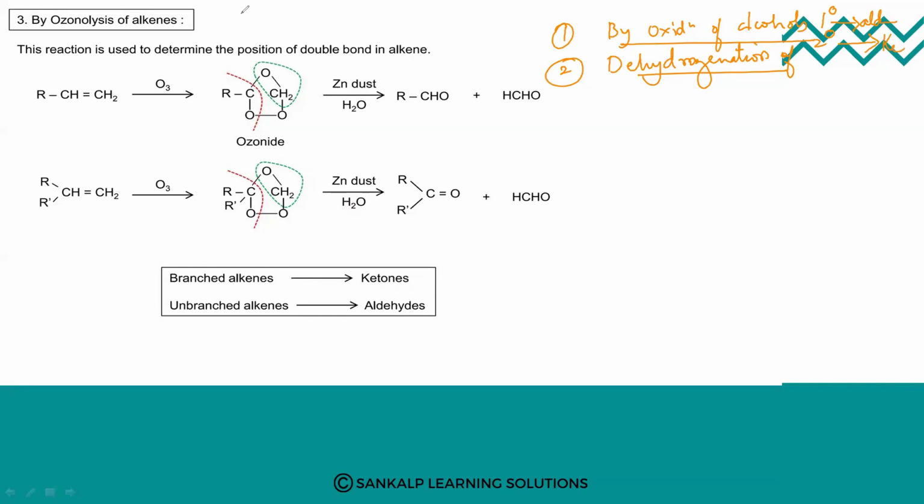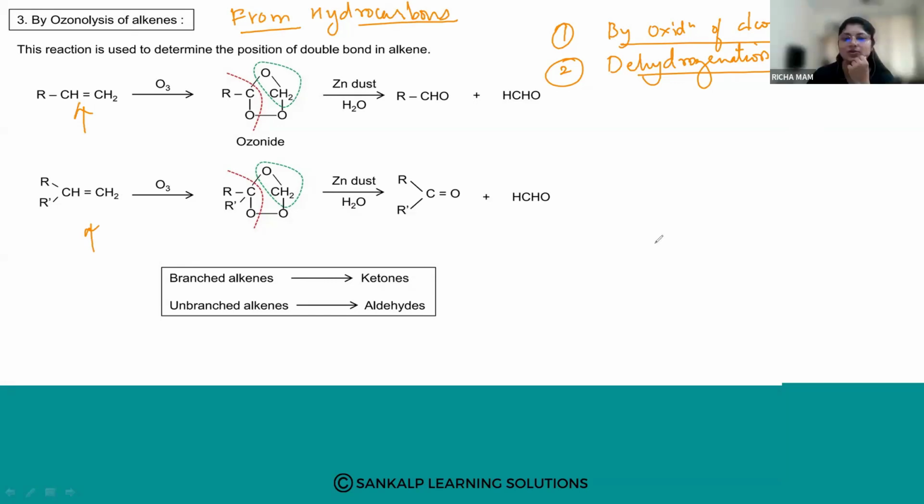Next, the third preparation is from hydrocarbons. So these are the hydrocarbons, and what we are going to do is ozonolysis. What do you mean by ozonolysis? Ozonolysis means we are going to add an ozone molecule across the double bond.